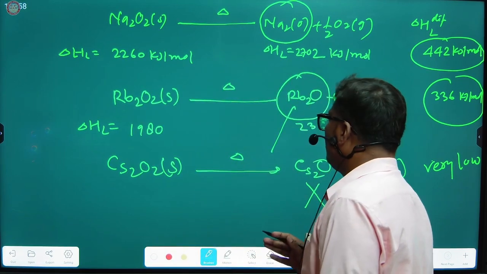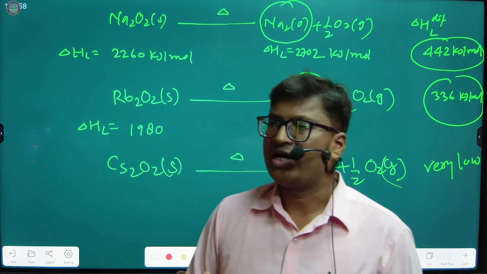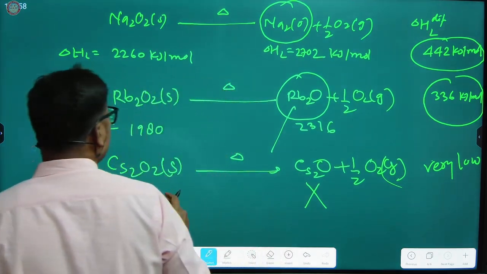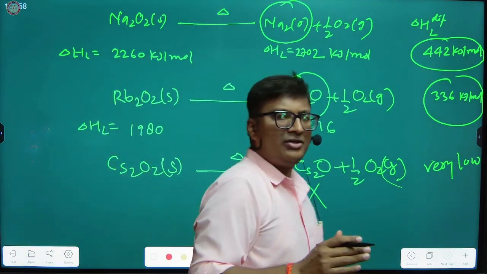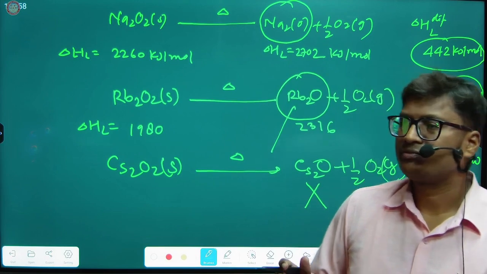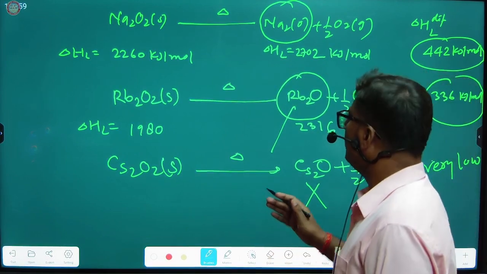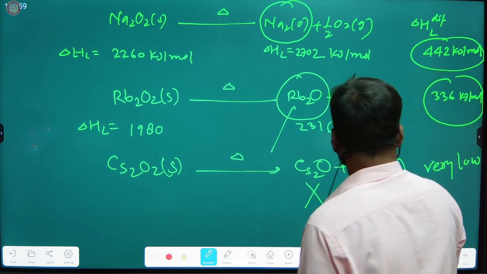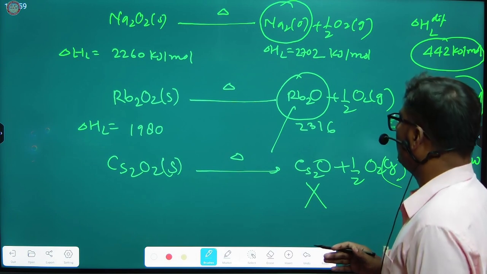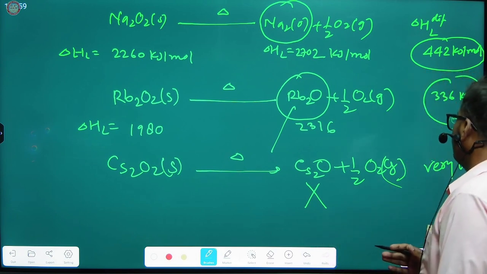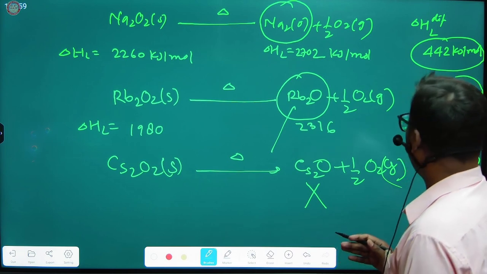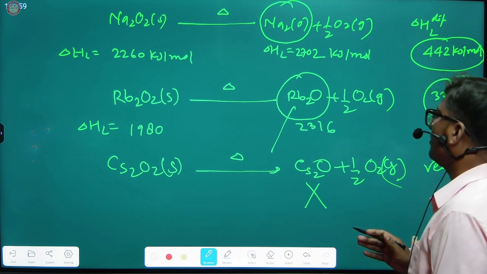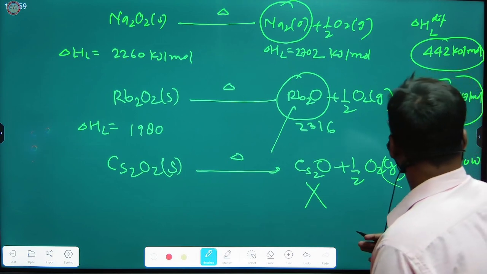It means formation of monoxide decreases. It means all the alkali metals do not form monoxides, rather they form peroxides. So this is the elaboration of the existence of monoxides and peroxides, right?